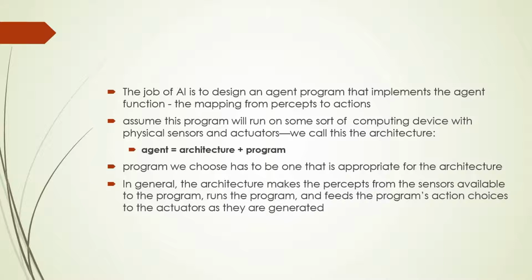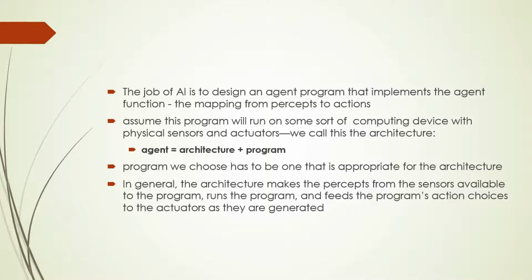So the architecture is the one that will be running the program. What it means is that the kind of program which we put on that particular agent should be appropriate to the architecture which we have in place to run the program.